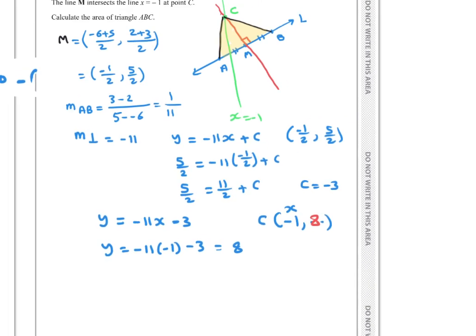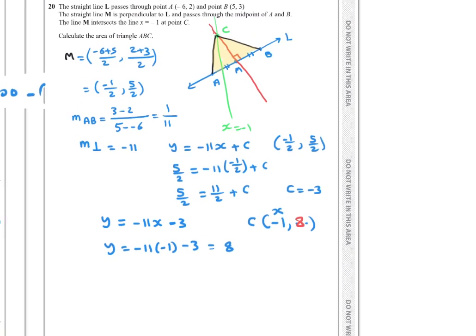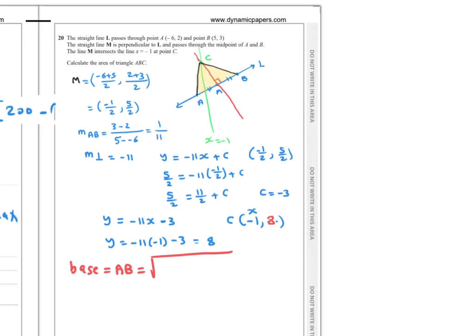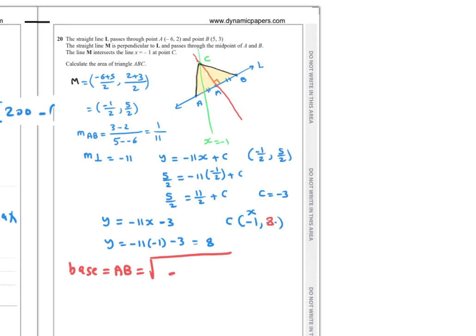Now to find the area of the triangle, we need to find the base and the height. The base is AB, which equals the square root of (-6 minus 5) all squared plus (2 minus 3) all squared, equals square root 122.